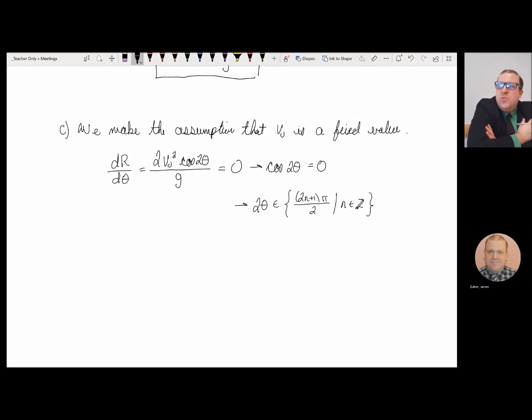Right, so all odd multiples of pi over 2, which would mean that theta would have to be odd multiples of pi over 4. That's an infinite number of critical points.